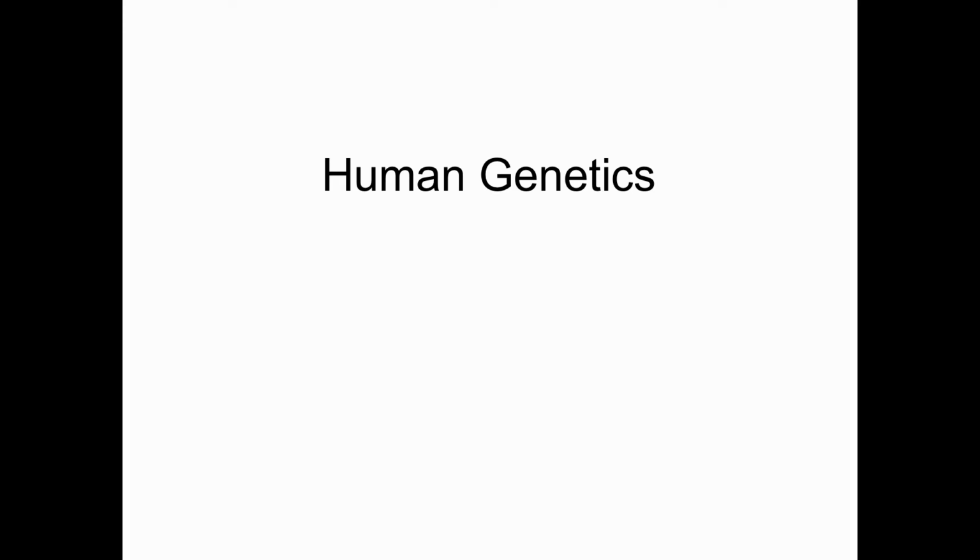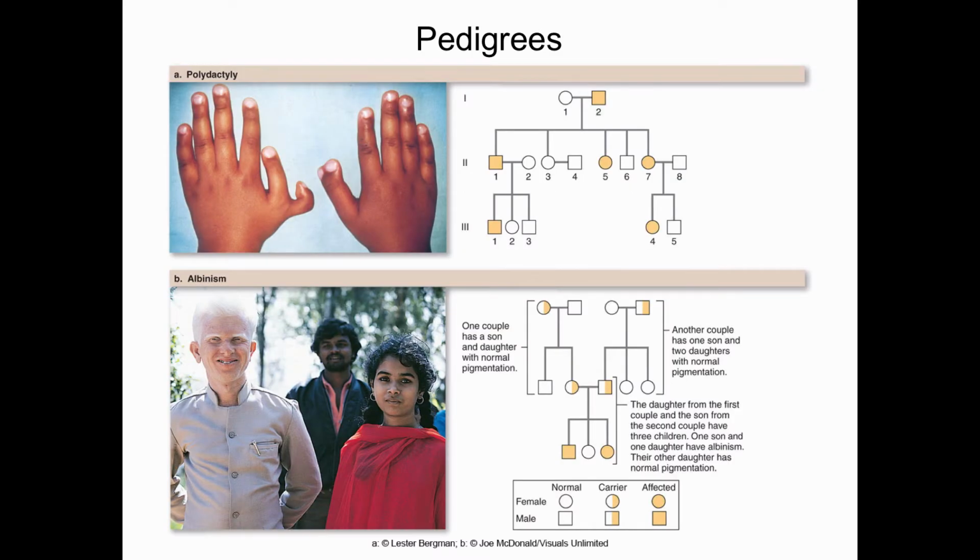In order to understand human genetics, there are some helpful tools, one of which is a pedigree. A pedigree is a chart very similar to a family tree, showing genetic relationships between family members, and it can be mapped across generations. Pedigrees give us an opportunity to analyze information in a way that allows us to learn about inheritance of particular disorders.